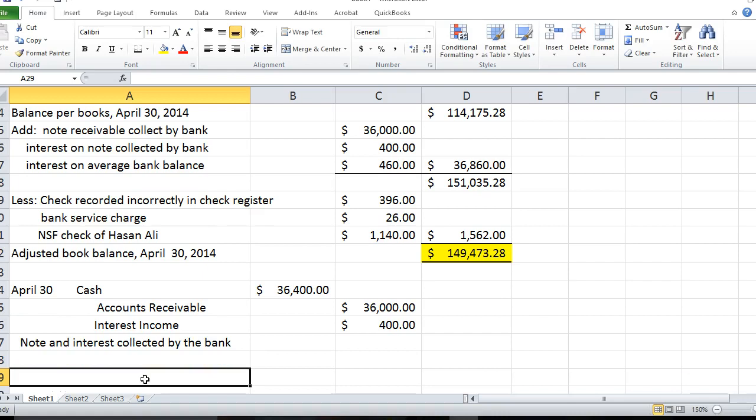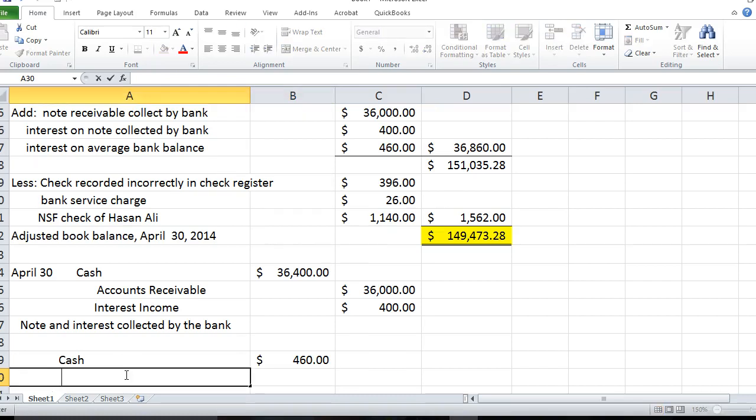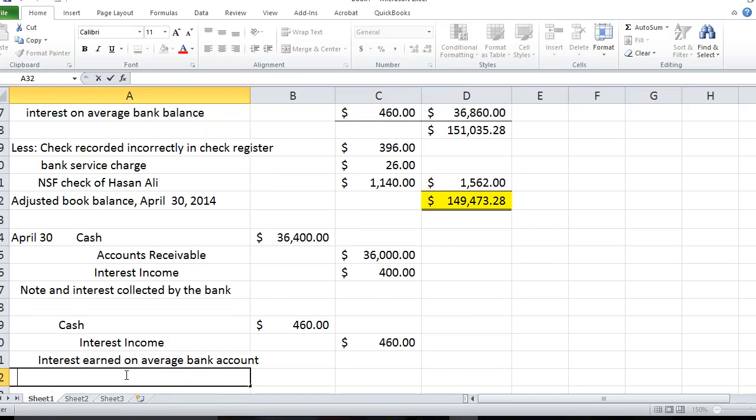Then we'll also have to show the $460 of interest we earned on the average balance. So we'll show our cash of $460. We'll show our interest income of $460. Interest earned on the average bank account balance.